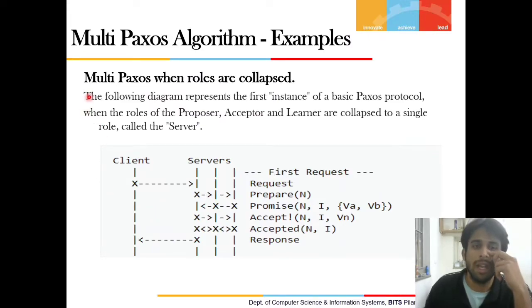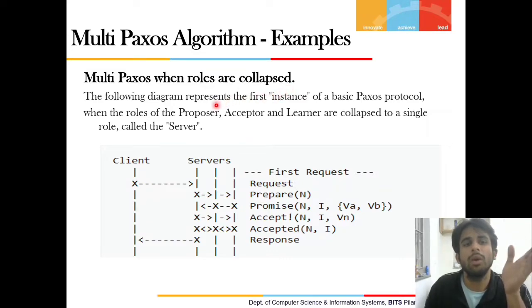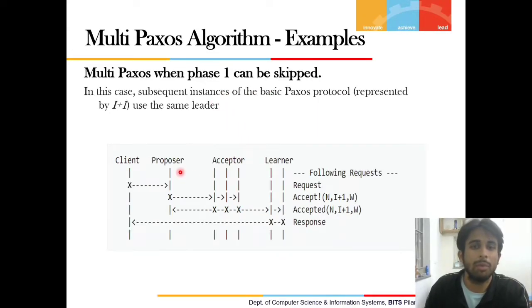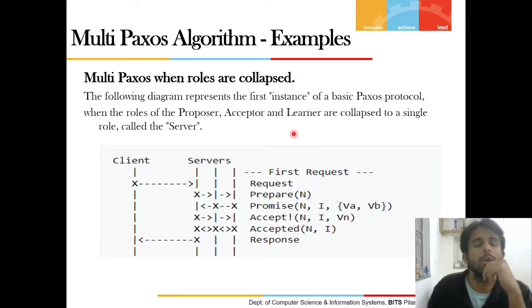Okay, so the next case is multi-Paxos when the roles are collapsed. Meaning we will not have the proposer, acceptor, and learner. All these roles are collapsed into a single role called servers. So here we have only client and server. Now the client will send a request to the leader.